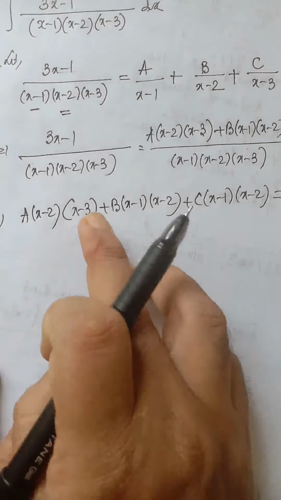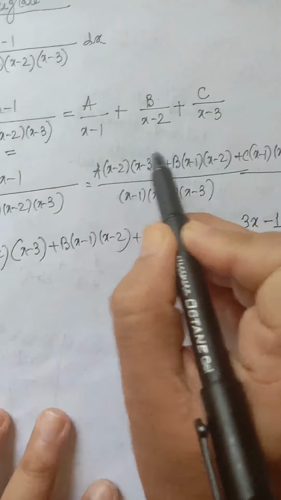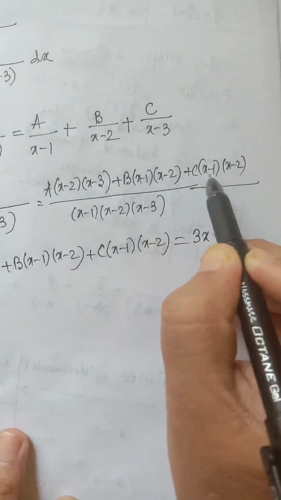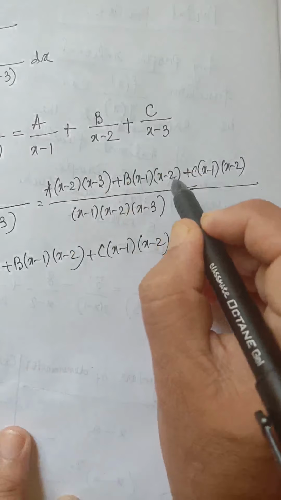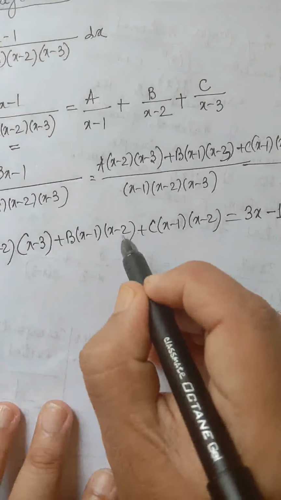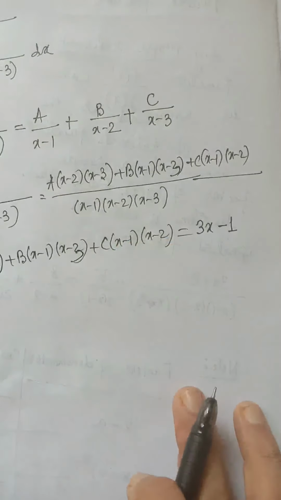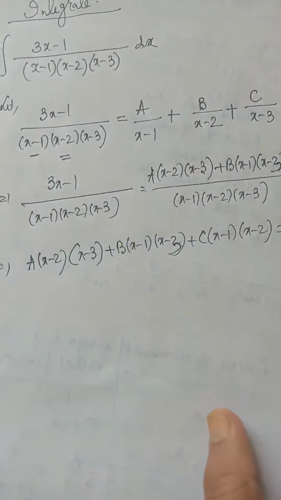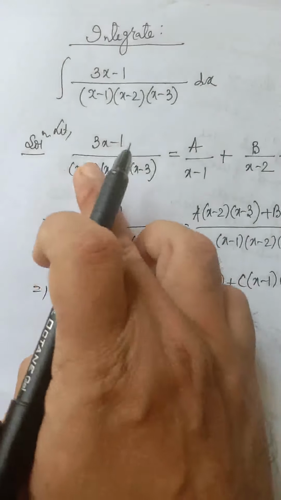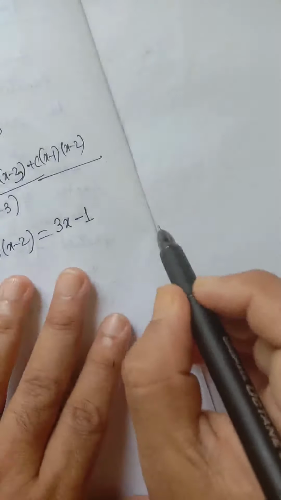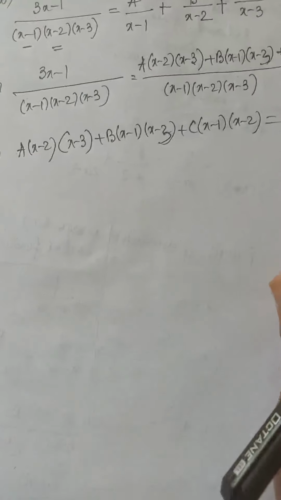So cancelling the denominator, we get A into x minus 2 into x minus 3, B into x minus 1 into x minus 3, and C into x minus 1 into x minus 2, equal to the numerator 3x minus 1. And this is true for all x, as this is equal to this. Now we can substitute to find the values of A, B, C.